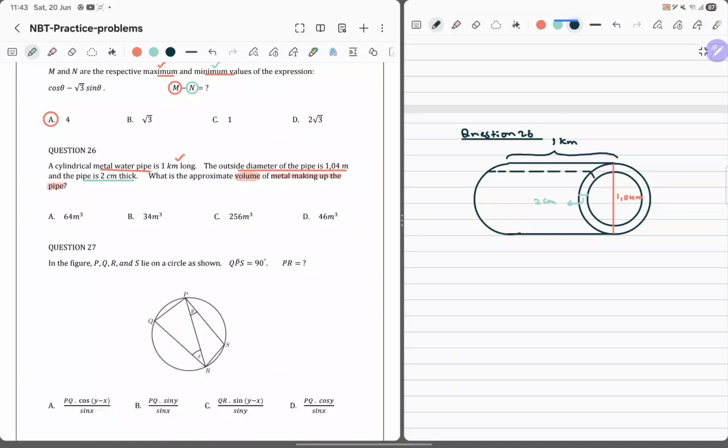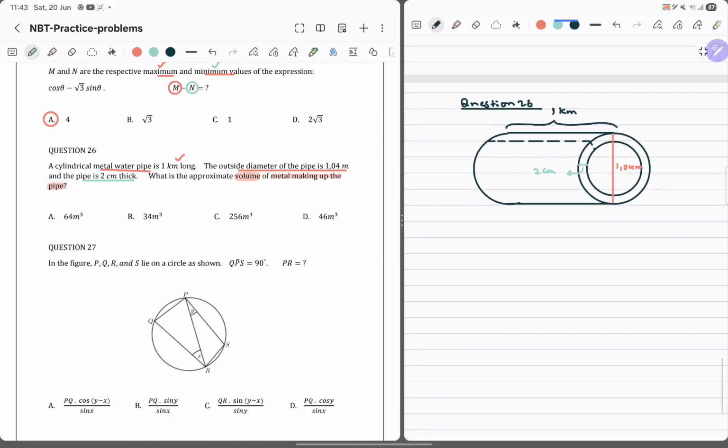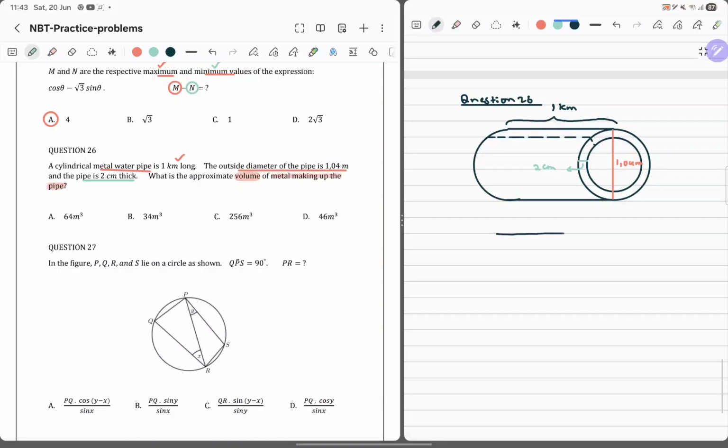Obviously we're going to cut it through this part as well. So we cut it open, and when we open it up, we end up with a sheet like this.